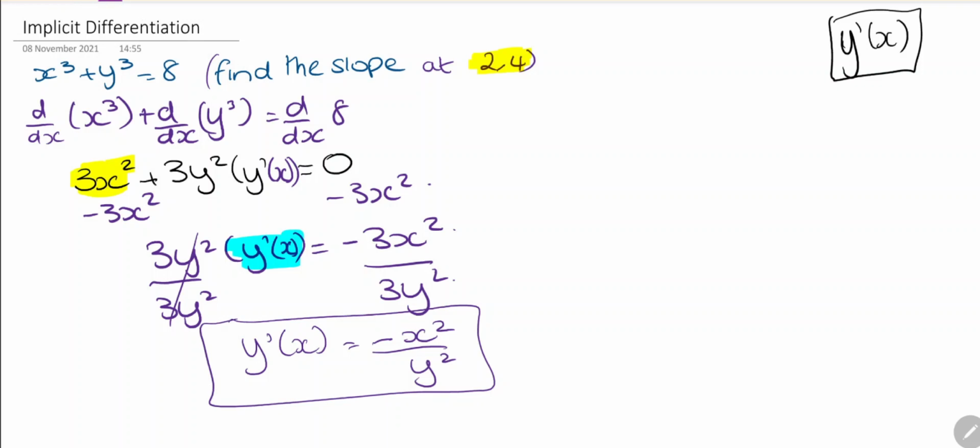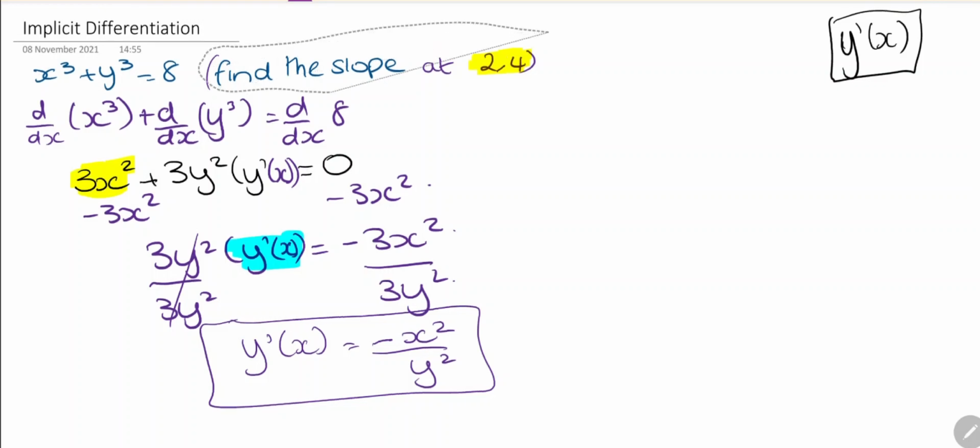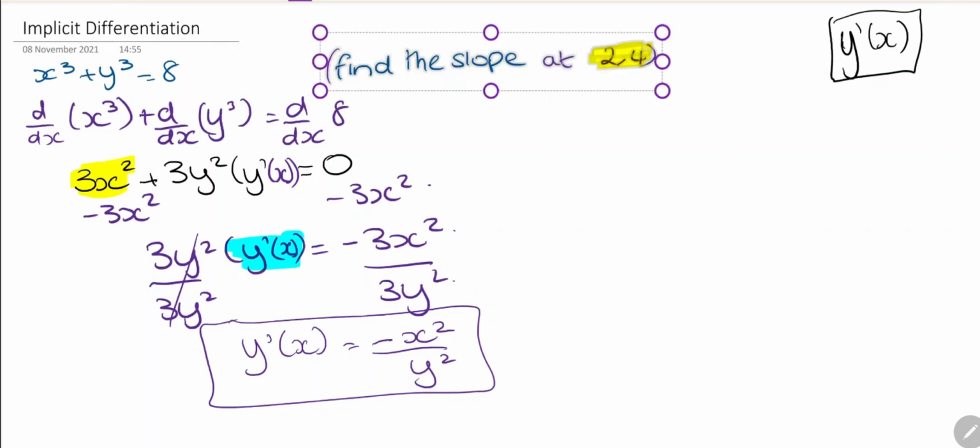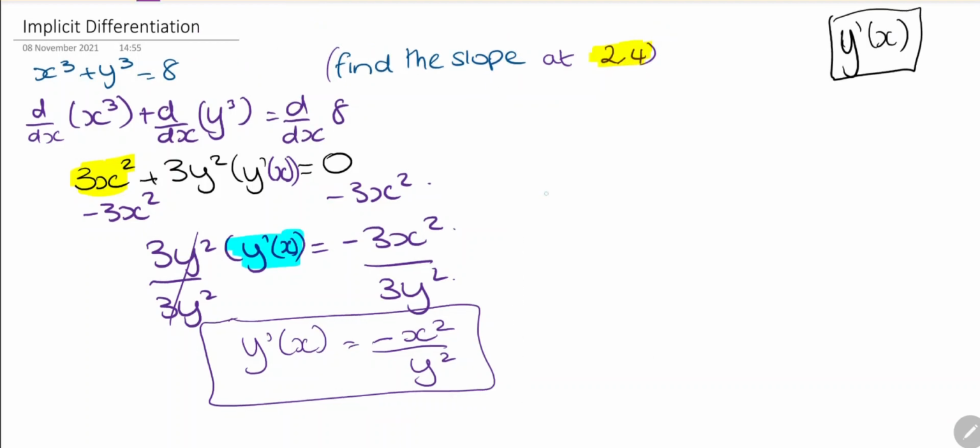So if we look at the next part, we need to find the slope at the point 2, 4. So to do that, we know that the derivative that we've just found is going to be our slope. So m is equal to minus x squared over y squared.